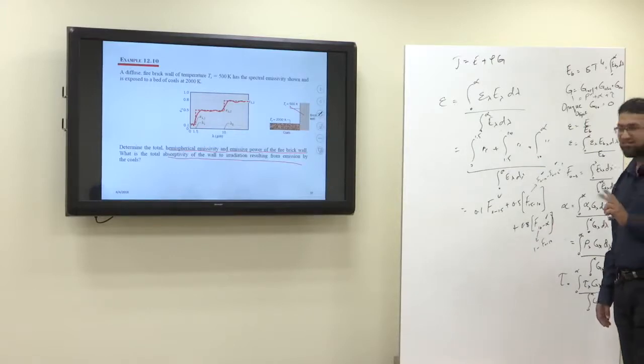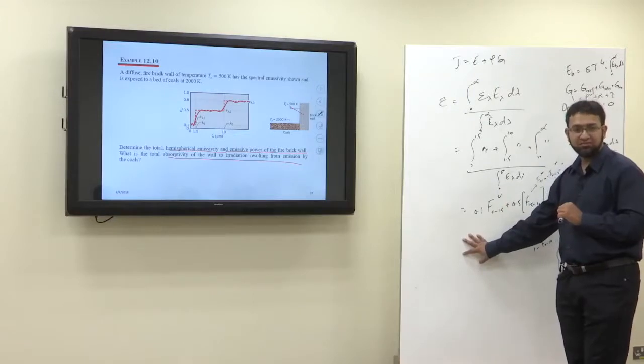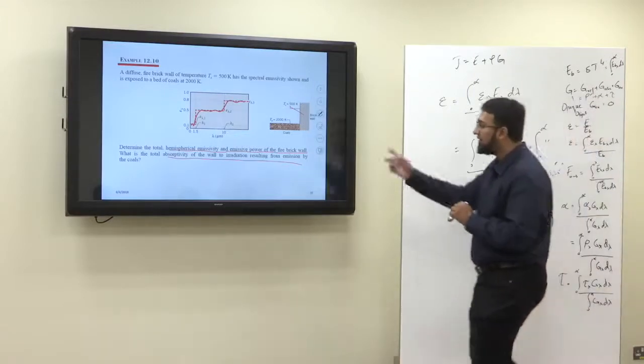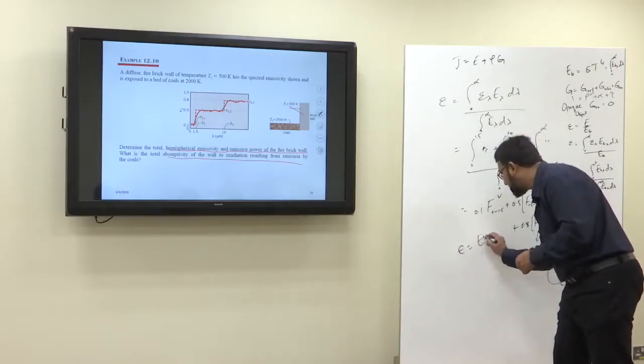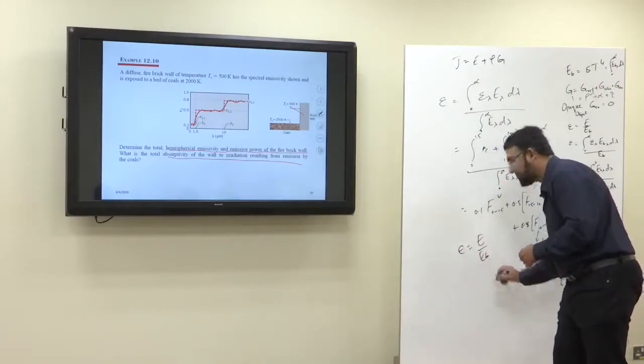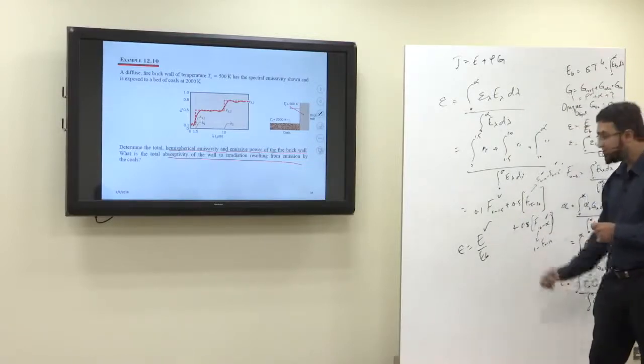Okay, good. So now we find out the emissivity. Now we need to know the emissive power. We know that emissivity is equal to E upon EB, where E is the emissive power. This is what we need to find.